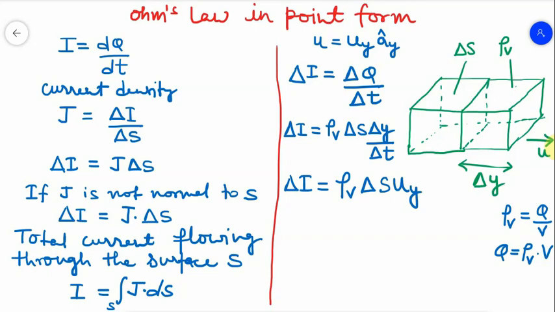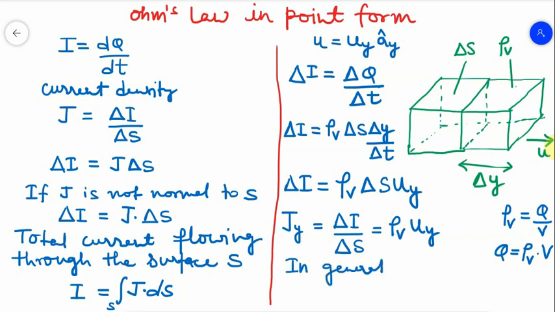So the current density is directed in the y direction. Now if we write the current density J along the y direction, then Jy will be del I upon del S. If del S comes into the denominator, we get rho v into uy. So in general, how can we represent this J?